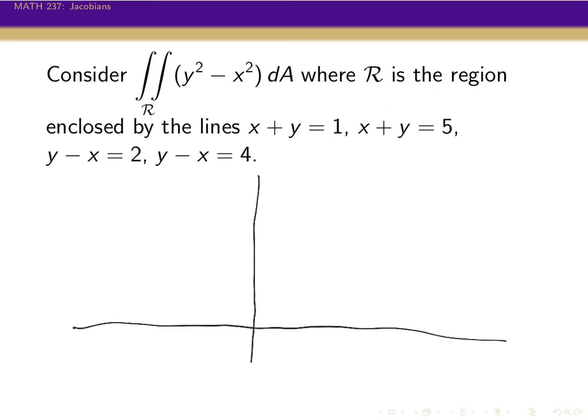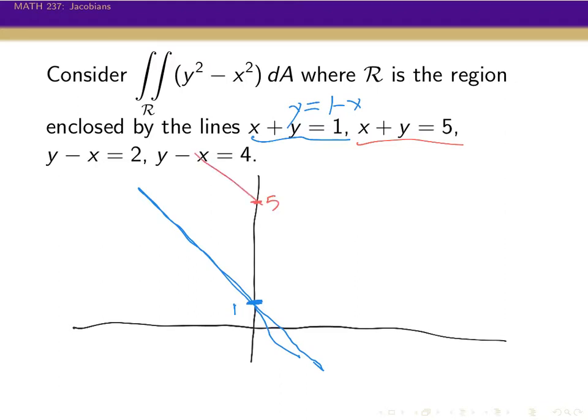Okay, so x plus y equals 1, that's the same thing as y is equal to 1 minus x. And so if this is 1, this is a line with slope minus 1. So roughly like that. Similarly, x plus y equals 5. That has y-intercept 5 and slope minus 1.